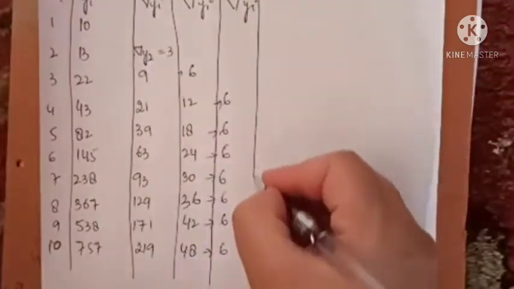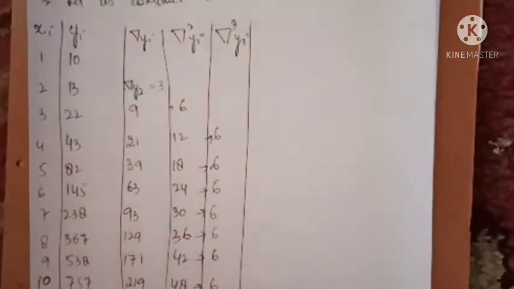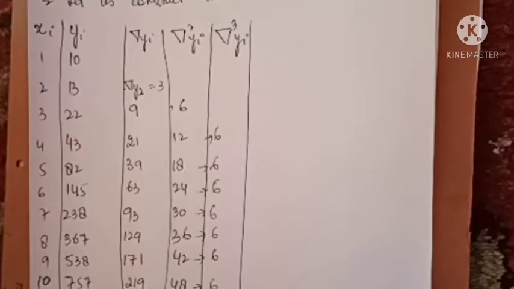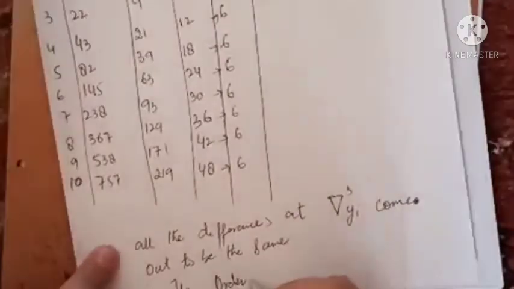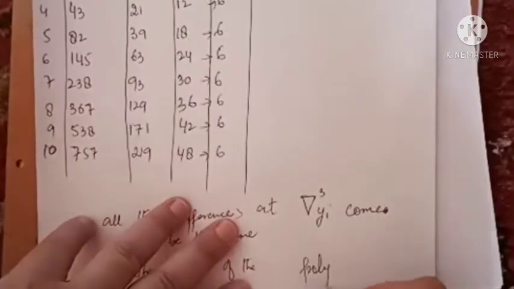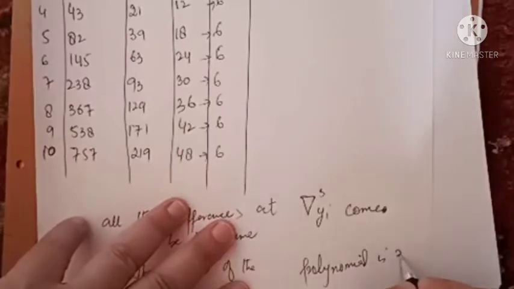ओके, अगर आप यहाँ पे देखेंगे कि हमें थर्ड पॉलिनोमियल में हर एक जगह पे कांस्टेंट वैल्यू मिल रहा है. अगर हम आगे नहीं जाएंगे तो वही बेहतर रहेगा बिकॉज रेस्ट ऑफ द वैल्यूज़ विल बी सेम. सो वी कैन राइट देयरफॉर ऑल द डिफरेंसेस at cube this came out to be the same, therefore the order of the polynomial is 3.